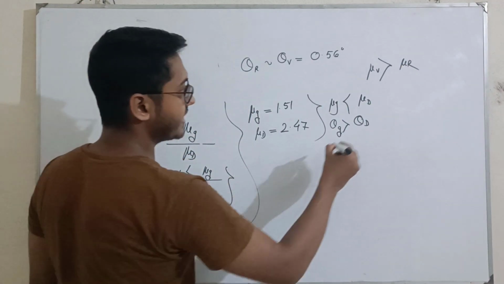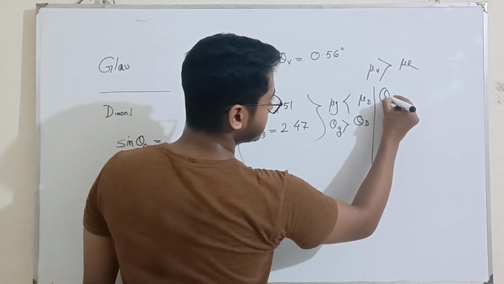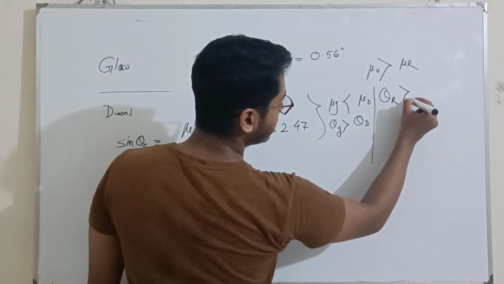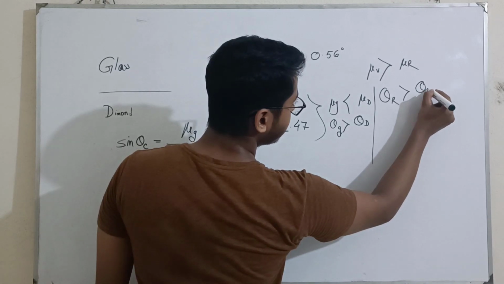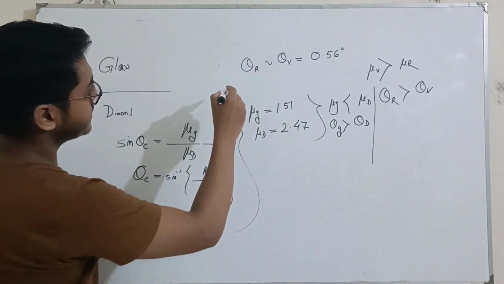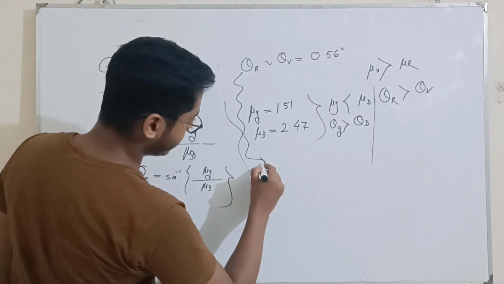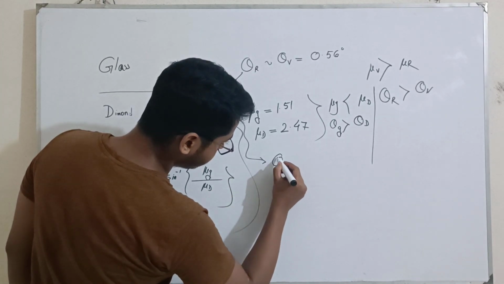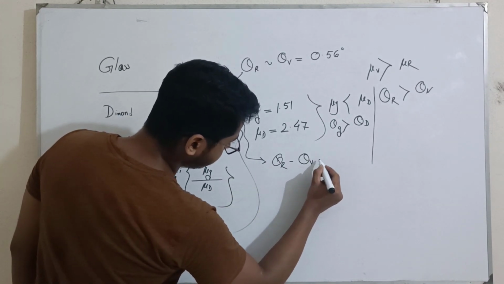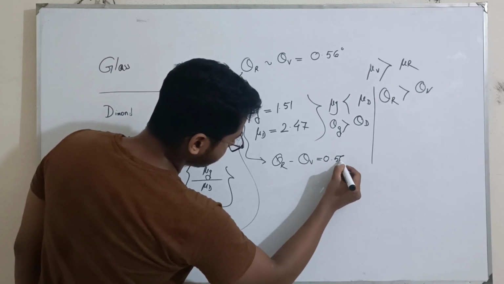So in that case, we can say that the critical angle for red light will be greater than the critical angle of violet light. So we can write the equation as theta r minus theta v is equal to 0.56.